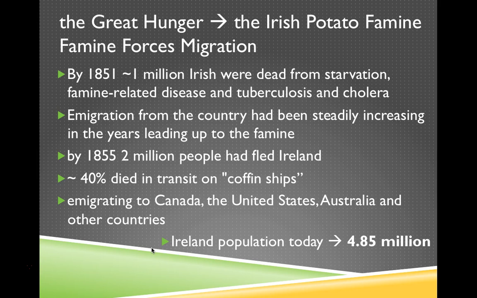Unfortunately, the transit ships that were taking them to their new homes were almost no better than if they had just stayed at home, because the mortality rate on these transit ships was about 40%, and they became nicknamed coffin ships because of the high mortality.